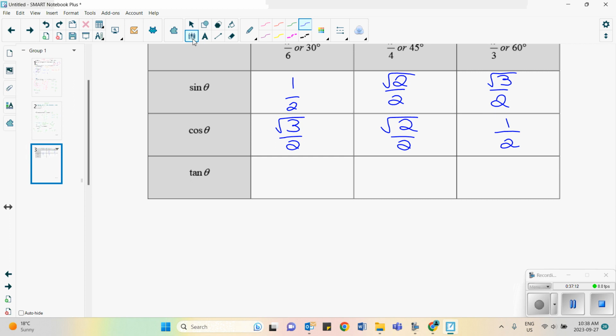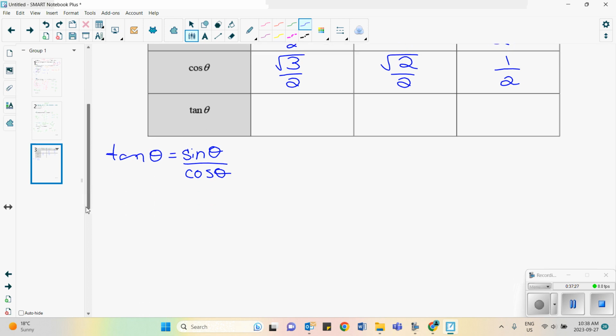Okay, what's tan? Tan theta is sine theta divided by cos theta. So if we do that math, that's going to be 1/2 divided by root 3 over 2.